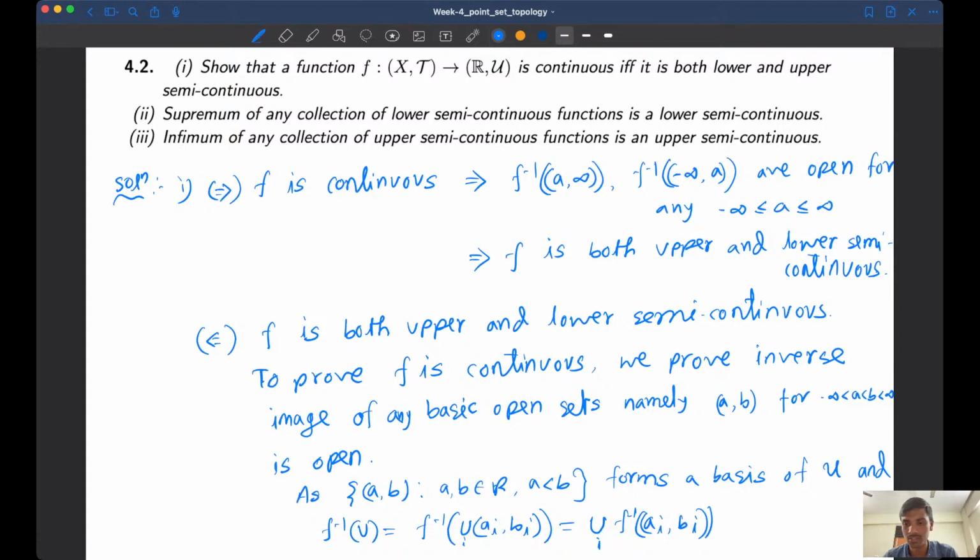So that's basically the reason it is enough to show that the inverse image of a basic open set, namely this interval, is open.